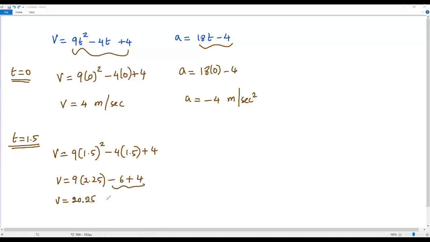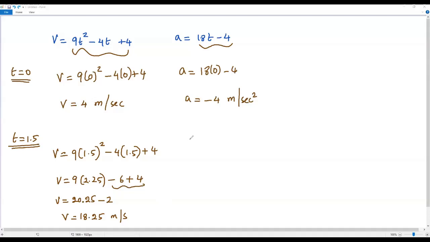When I combine these two values, it will be negative 2. So finally I'm getting velocity equal to 18.25 meter per second. So the velocity at t equal to 1.5 seconds is 18.25 meter per second.